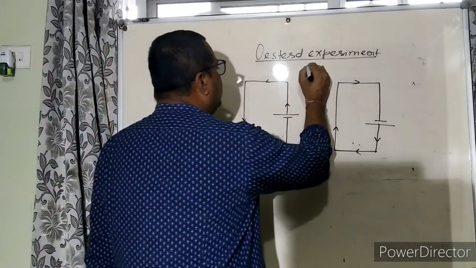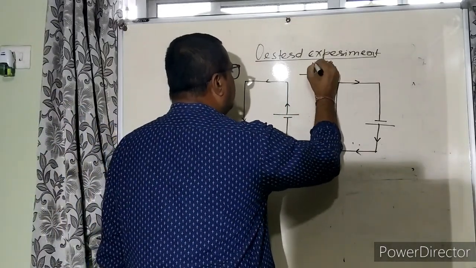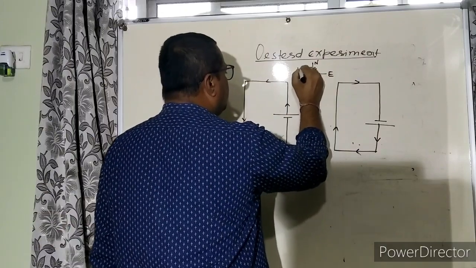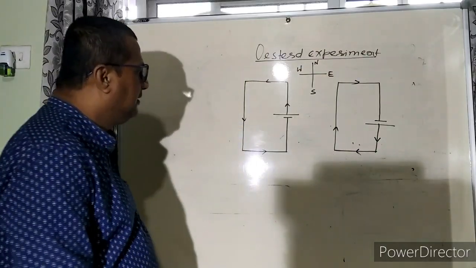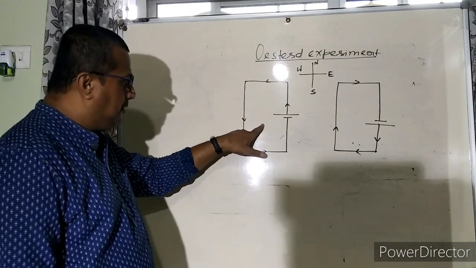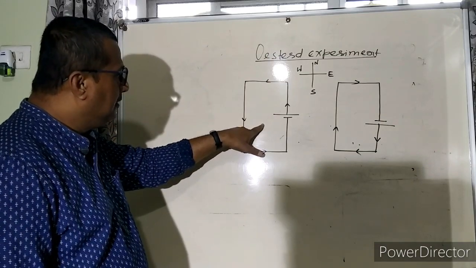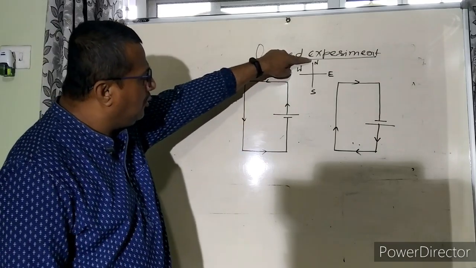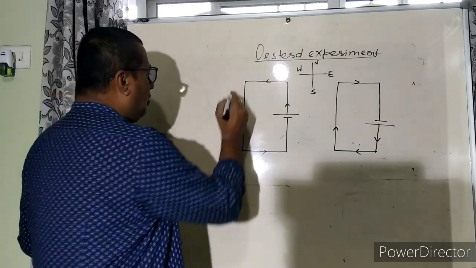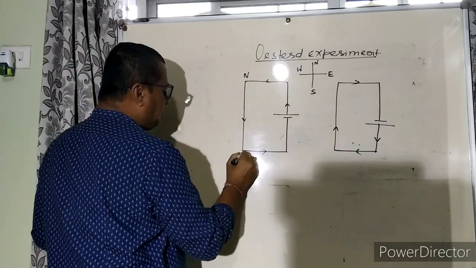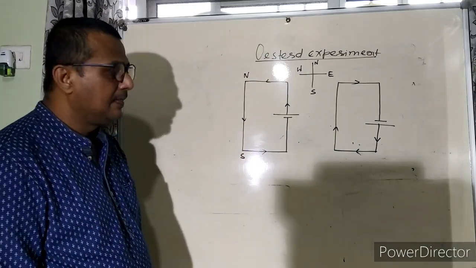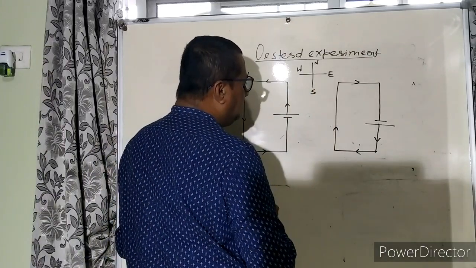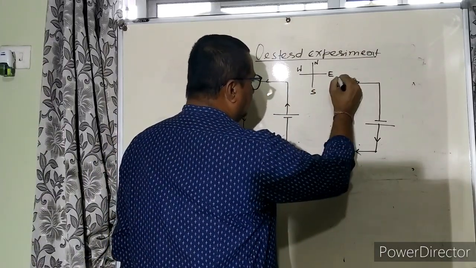If we indicate the directions north, south, east, west, then in this wire current is flowing north to south, and in this wire current is flowing south to north.